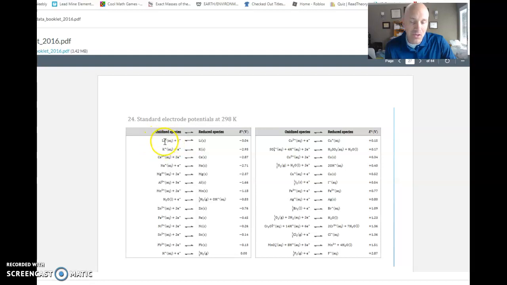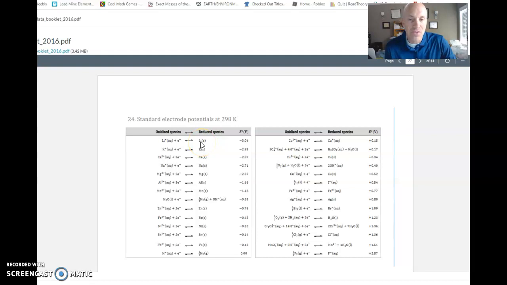Remember, the negative here actually means that you would turn it around, and that would be very likely to occur. So this reaction right here would most likely occur from right to left, the reverse reaction. If we write it from right to left, it's actually an oxidation process.